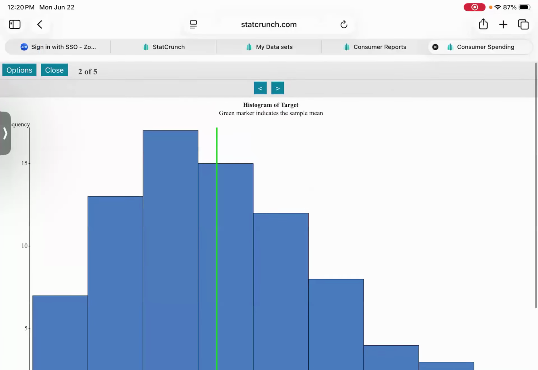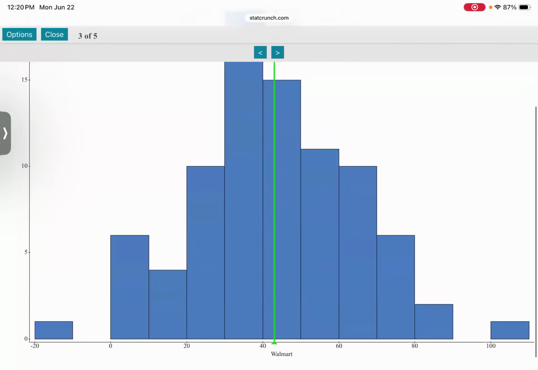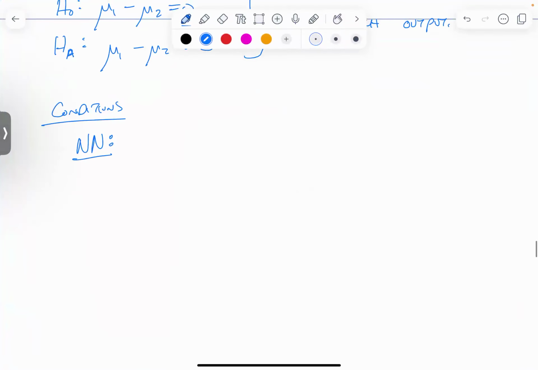So starting with the histogram of Target, that looks pretty good. Histogram of Walmart, that looks fantastic. That's actually it. I don't need to look at it anymore. Those two look great. For practice, we're going to do them all, though.